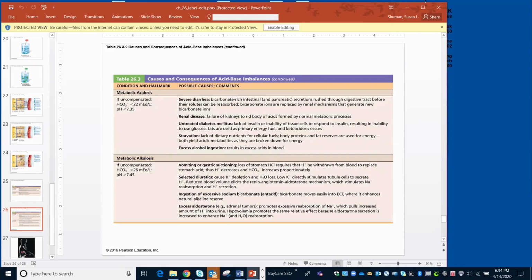So even though the carbon dioxide and the bicarb are both compensating, you automatically look at the pH to determine whether it's acidosis versus alkalosis, which determines if it's respiratory versus metabolic. Absolutely. Well said.